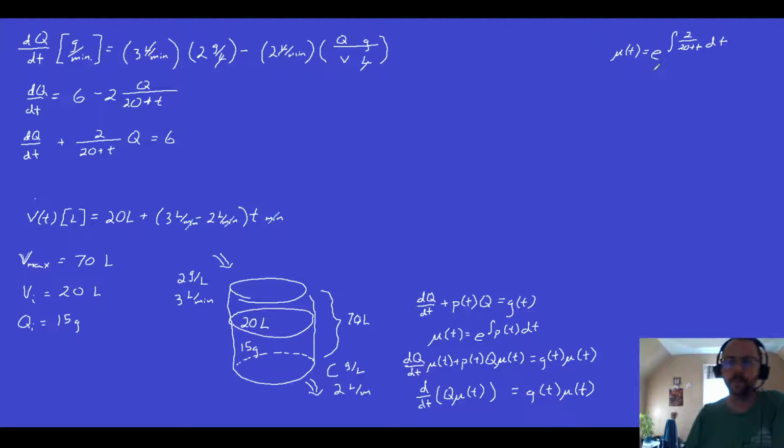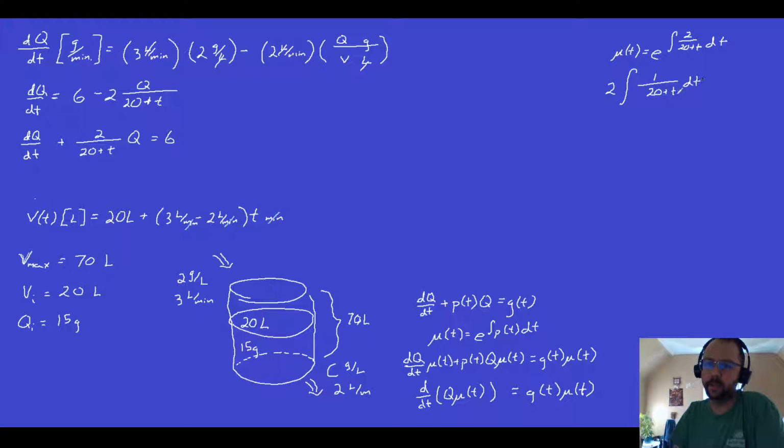I'm not going to rewrite everything every single time, but let's just simplify this integral. So we have 2 times the integral of 1 over 20 plus t dt. We want to use u: u equals 20 plus t, du equals dt. So we have 2 times the integral of 1 over u du.